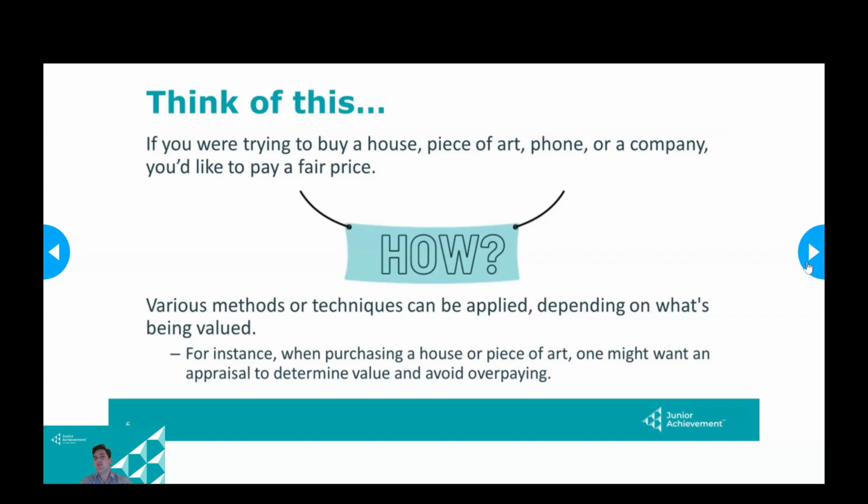You're going to tell yourself, why am I going to pay 500,000 if the other market comparables in the area are $100,000 or more less, right? So you're going to use comparable analysis within the overall market and see if that house you want to buy is really worth 500,000. Same thing for a piece of art or a company you want to buy. You always want to pay the fair market price, and that basically means cross-referencing with what other people are asking.